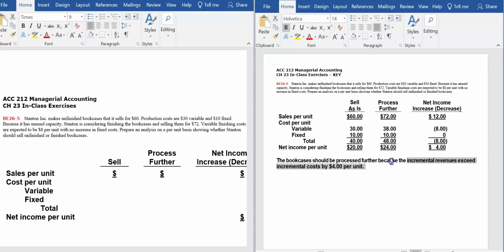For instance, in this situation, even though it might be financially better to process further, maybe they need to consider the qualitative aspects of what customers want. If a majority of their customers want an unfinished bookcase because they like to finish it themselves, it probably wouldn't be as great of an option to go ahead and process further and finish them because they might lose customers. Okay, so there's a lot of things that they need to consider beyond just the quantitative.